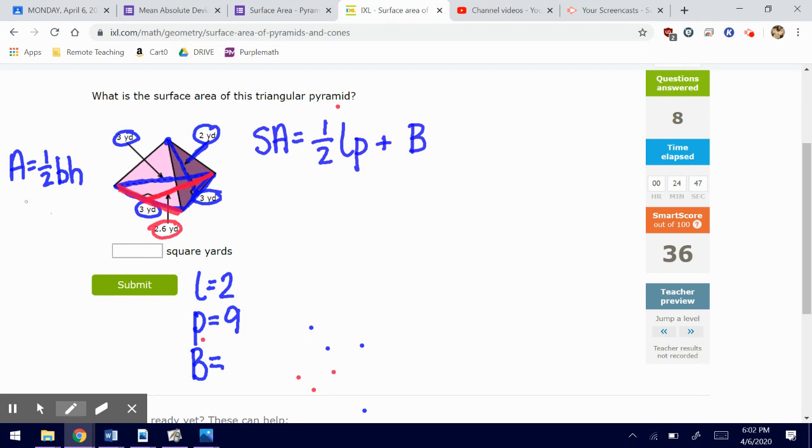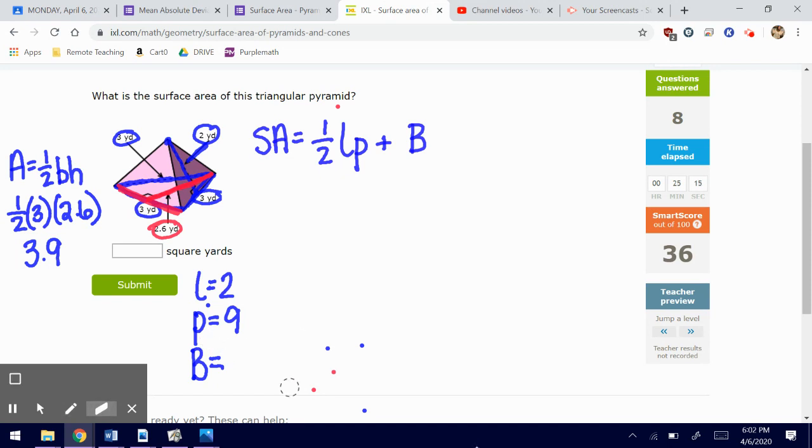So I bring down the 1/2, my base was 3, and my height was 2.6. I'm typing that into my calculator: 0.5 times 3 times 2.6, and I get 3.9. So my capital B is going to be 3.9, because that's the area of my base.